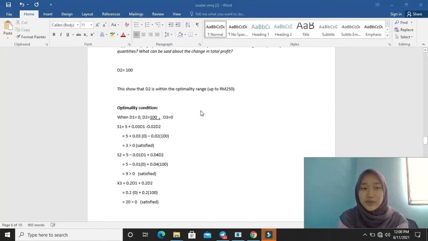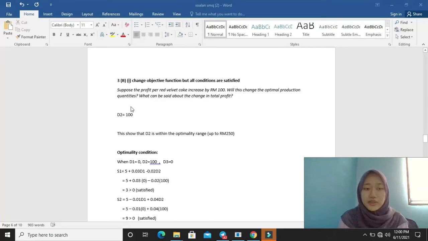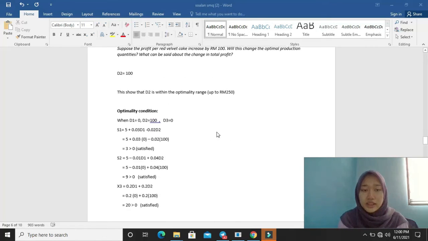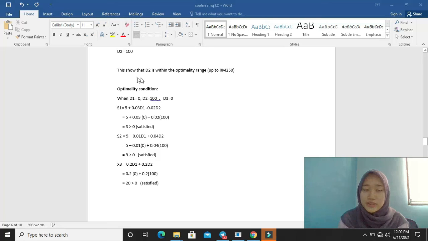Alright, since we obtained that the value of the increase is 100, meaning that D2 is within the optimality range up to 250 ringgit. We also can check the optimality condition by using manual calculation for all BVs, which are S1, S2 and X3. So we let D1 equal to 0, D2 equal to 100 and D3 equal to 0.